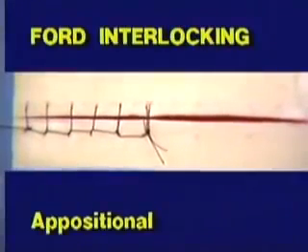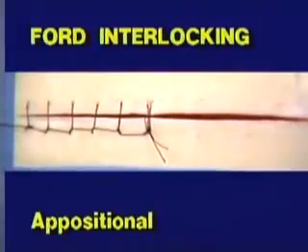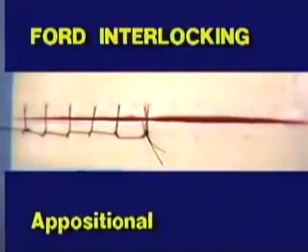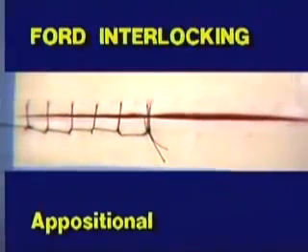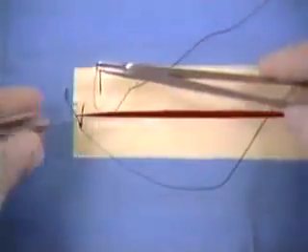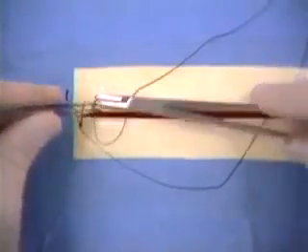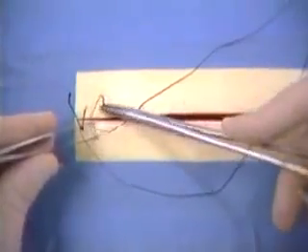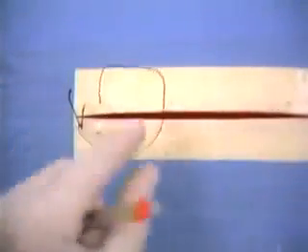The fourth pattern to be demonstrated is the forward interlocking pattern. This is an appositional suture pattern. The forward interlocking suture is a modification of the simple continuous suture. The beginning of the suture is as described for the simple continuous suture.